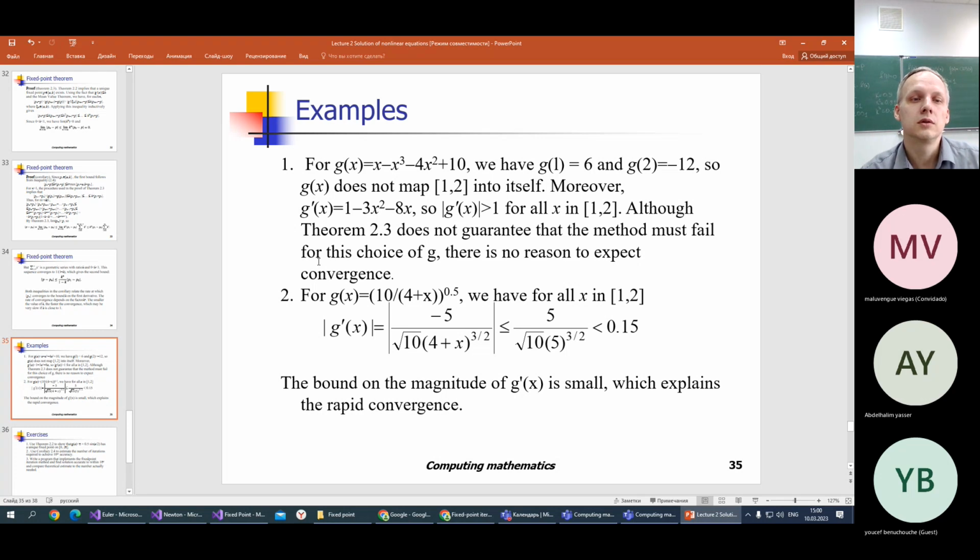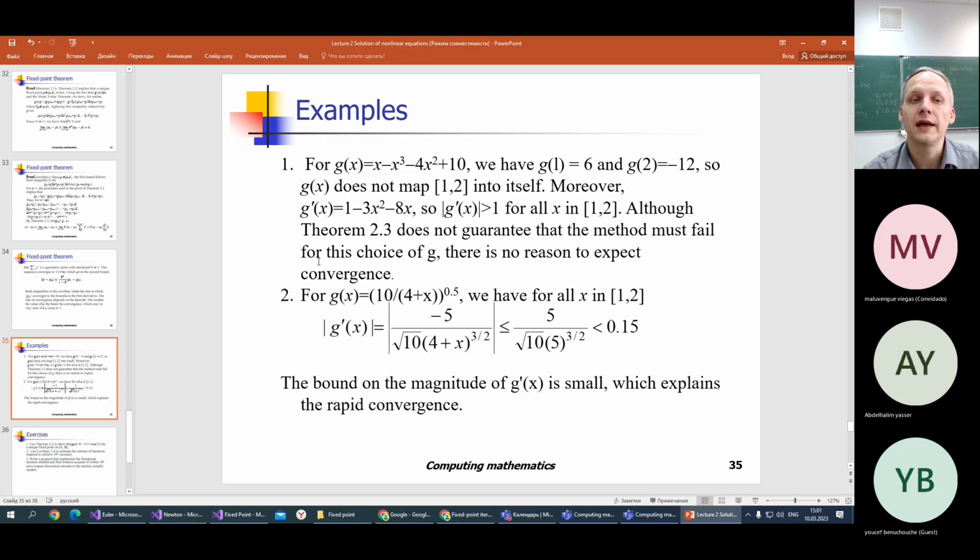For g of x equals x minus x cubed minus 4x squared plus 10, we have that g of 1 equals 6 and g of 2 equals minus 12.